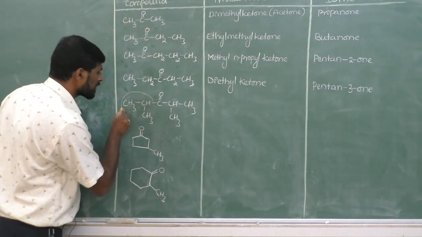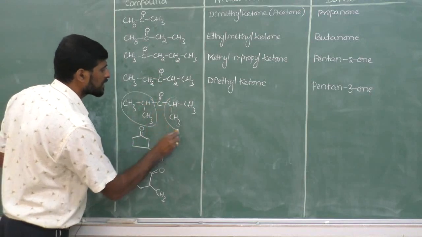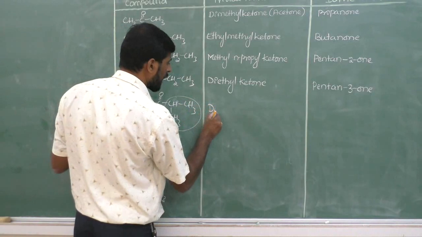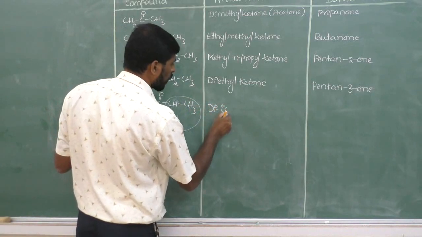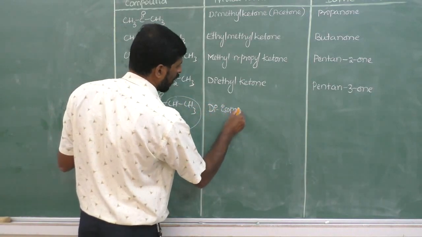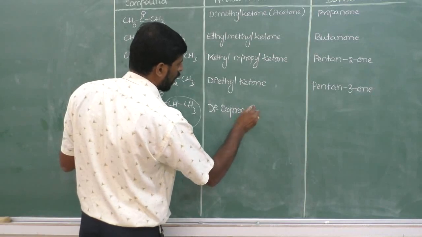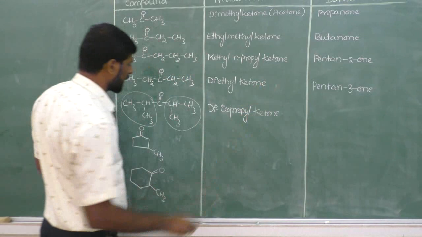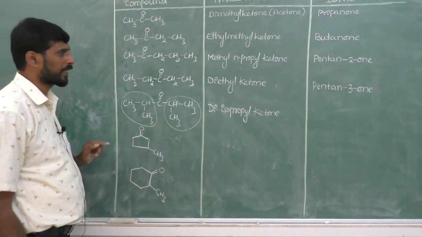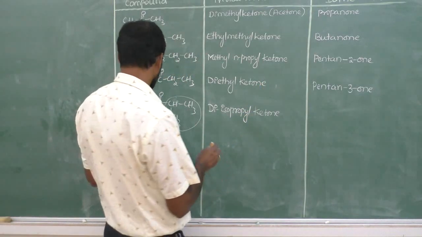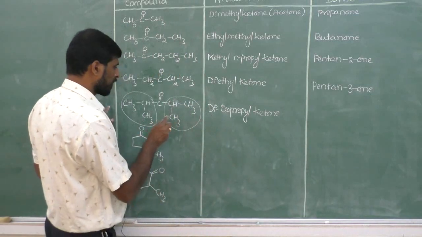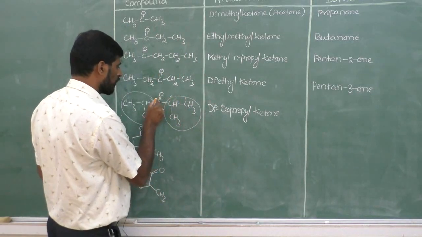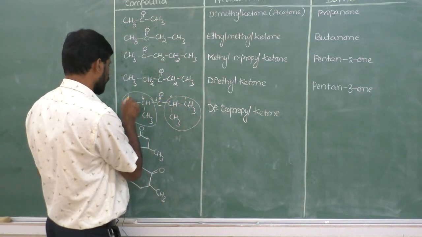Next, this is an isopropyl group. This is also an isopropyl group. What is the name? Di-isopropyl ketone. And the IUPAC name is, this is 1, 2, 3, 4, 5.